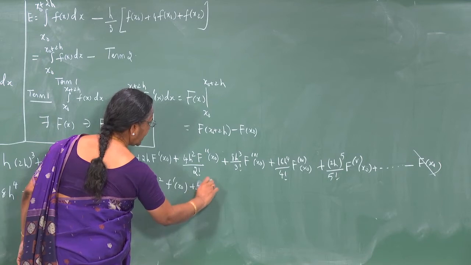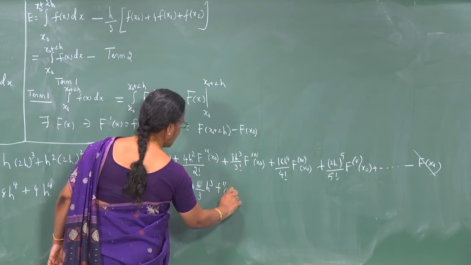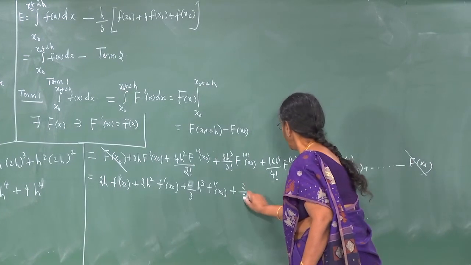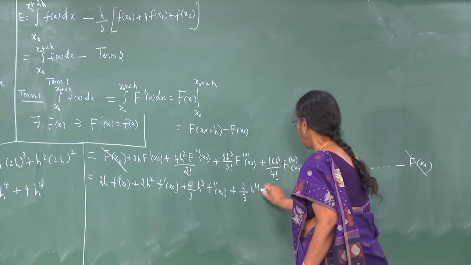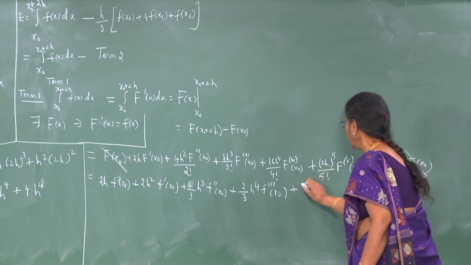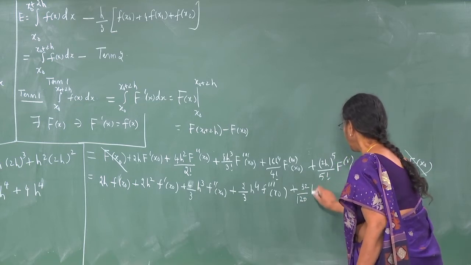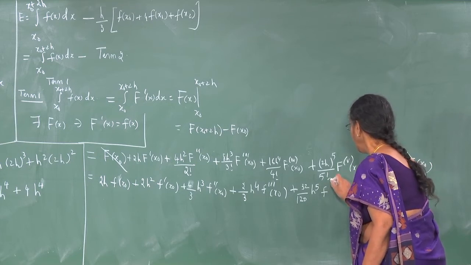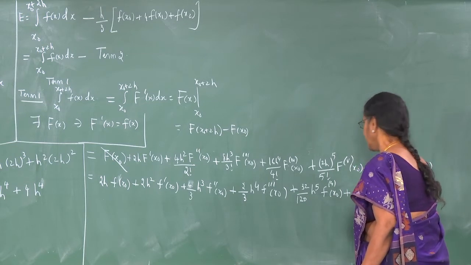So, 4 by 3 h cubed, f triple dashed will be f double dashed at x naught plus 16 by 24. So, 2 by 3 h power 4, the fourth derivative of capital F. So, f triple dashed at x naught, then 32 by 120 into h power 5 into fifth derivative at x naught. So, this will be the fourth derivative at x naught plus etc.